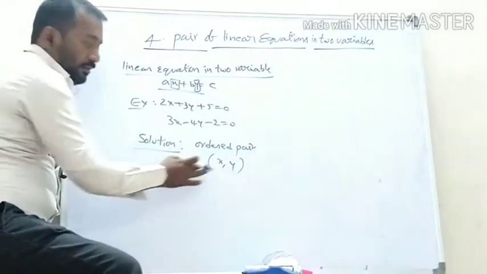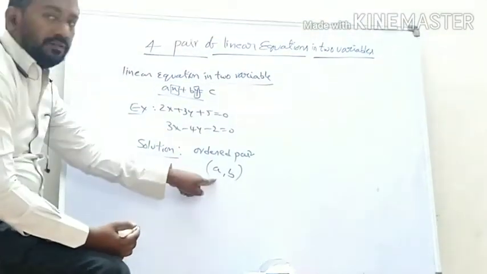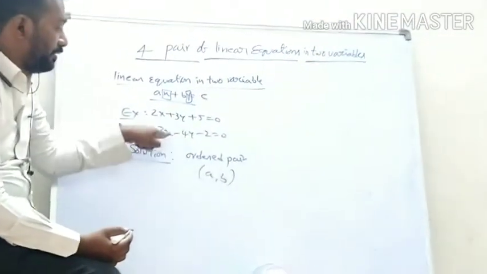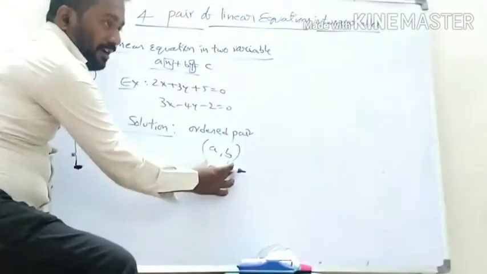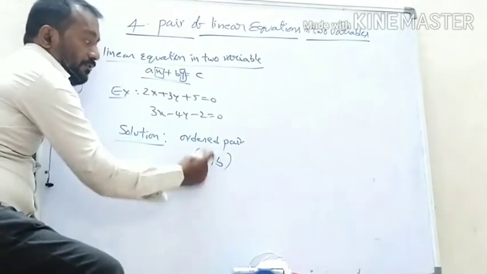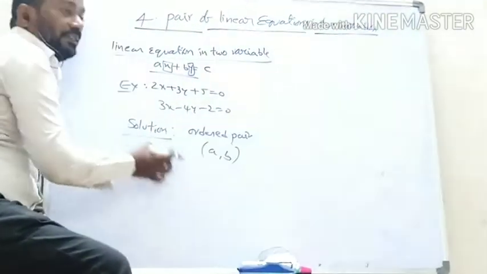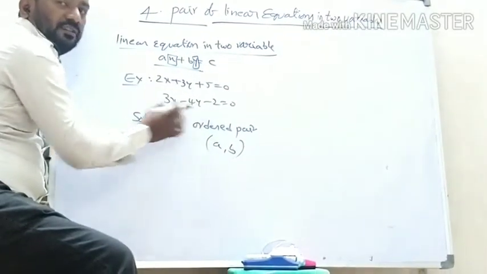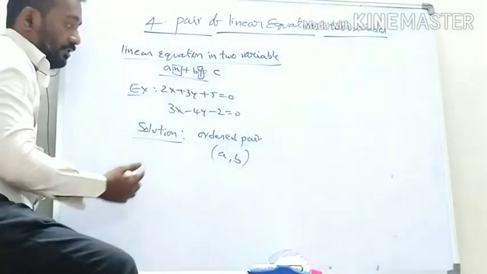If I substitute a comma b, a is the value of x and b is the value of y. Since there are two variables, we need two numbers, so we write them in brackets, which is called an ordered pair. The ordered pair which satisfies the equation is called a solution.